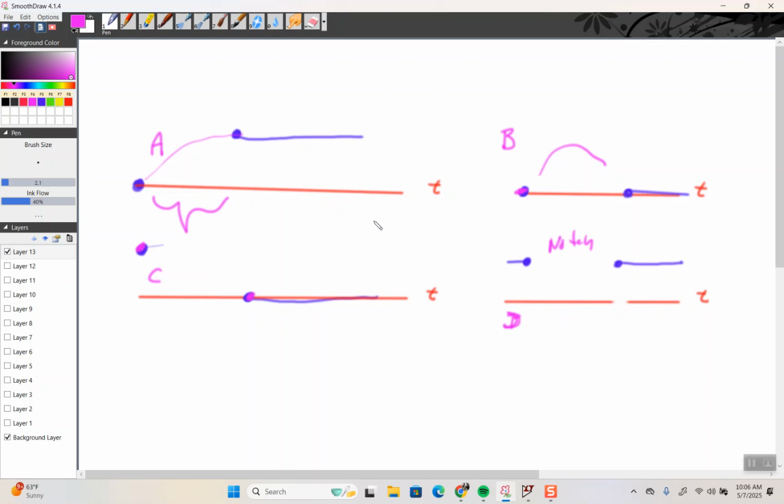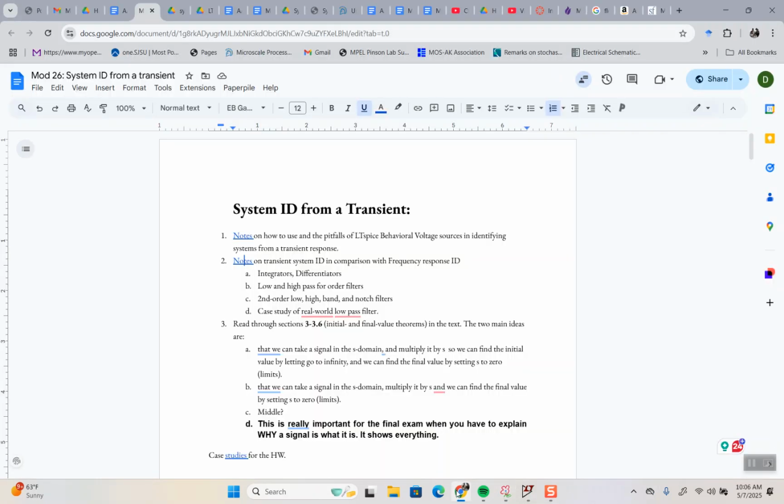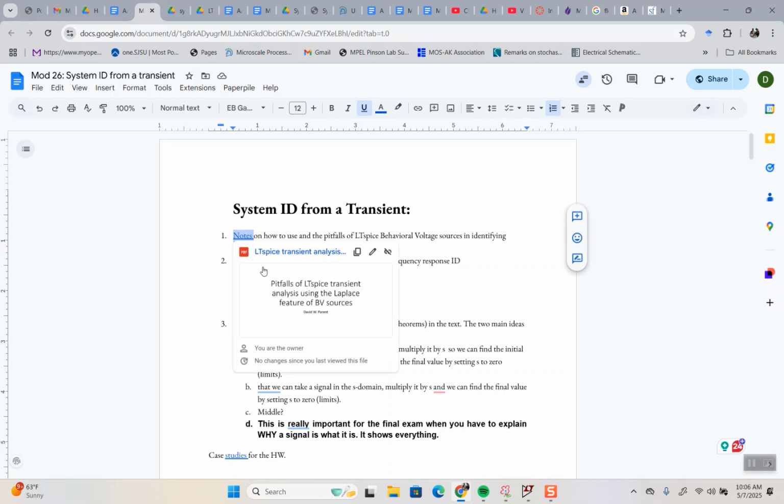Like the official plot one, like the notes. Right, but I mean, the ones that I actually used LTspice or something to do. Notes on using the pitfall. Well, actually, it shows up in more than one place.